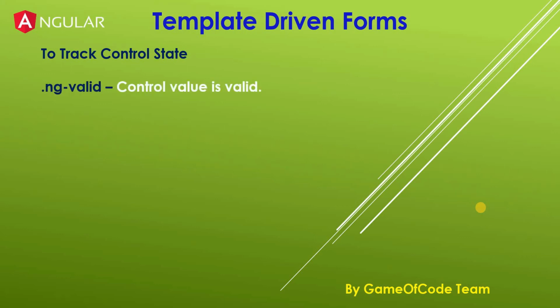First is ng-valid, which is true if the control value is valid. Second is ng-invalid, which is true if the control value is invalid. For example, if we have required input controls and we don't provide any value, then ng-invalid is true.